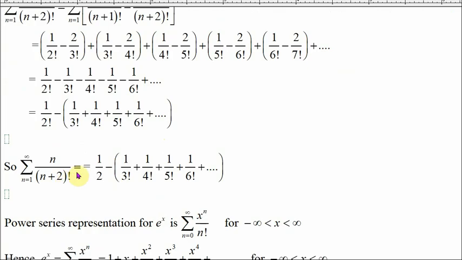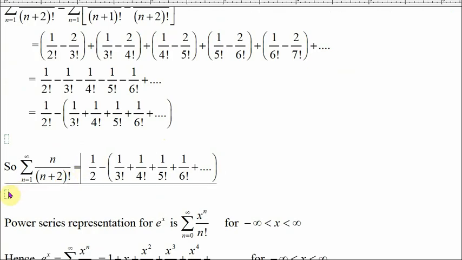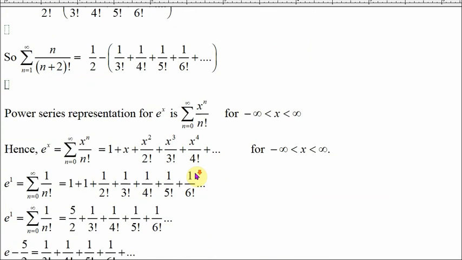And therefore the infinite series with the expression n over (n plus 2) factorial is equal to 1/2 minus this infinite sum right here. Recall that the power series representation for e to the x is 1 plus x plus x squared over 2 factorial plus x to the third over 3 factorial and so on.